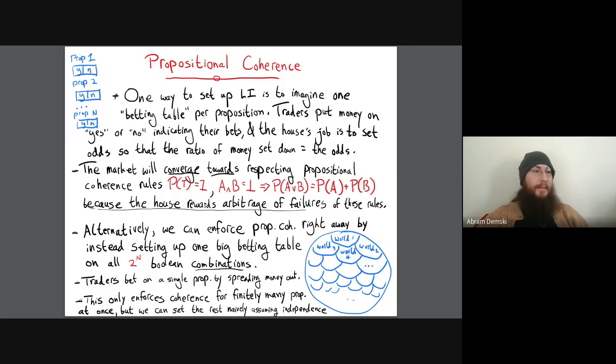So in order to put money down on proposition 2 being true, I have to identify the subset of worlds where proposition 2 comes true, and then I spread my money around on those table slots. Here we're forced to have a coherent probability distribution instead of just eventually arriving at it in the limit.